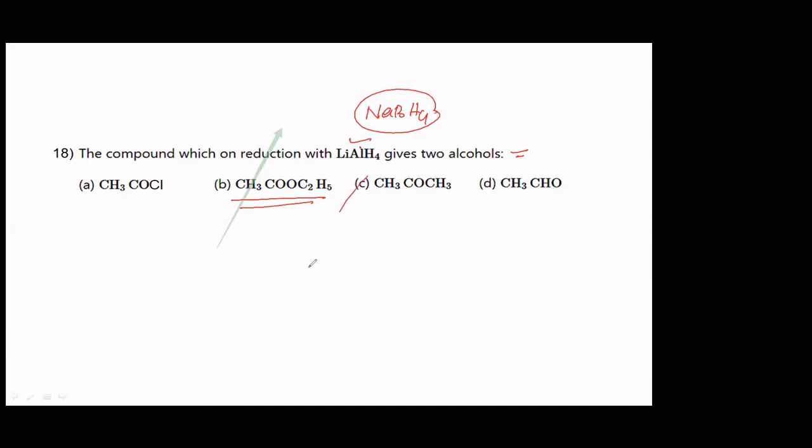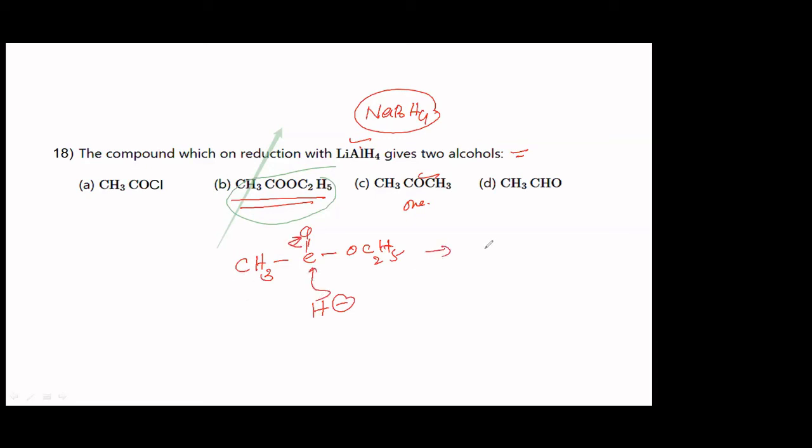That is correct. Yes, ma'am. It will give only 1 alcohol, tertiary alcohol? That's correct, the secondary alcohol, correct. So the compound will be C double bond O, OC2H5, that is CH3COOC2H5. Hydride donor, H minus, will come as a nucleophile and form a bond with this, and this takes away this.